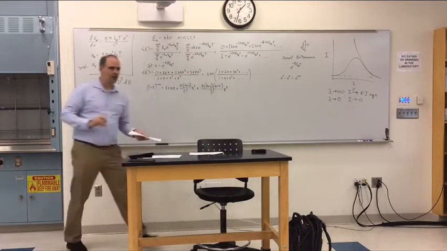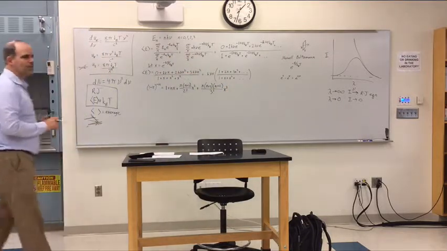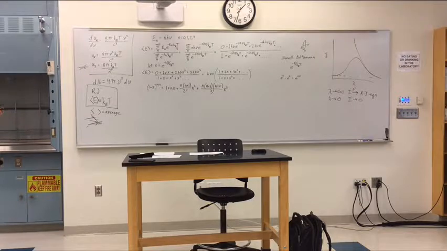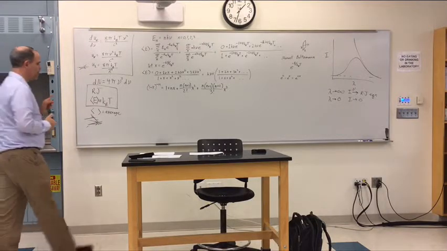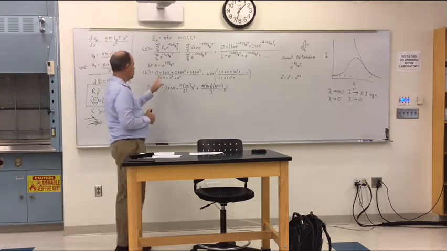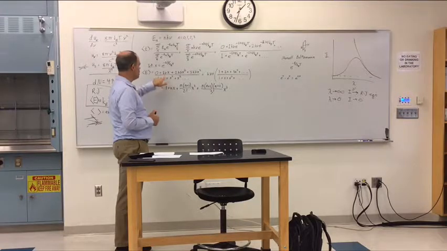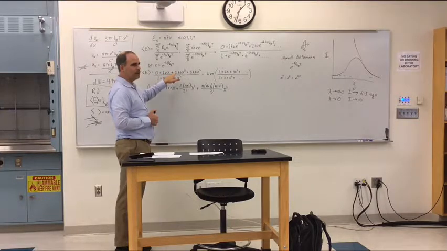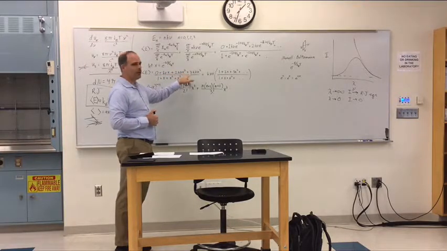Now, this might look a little tricky as to why the heck we are doing that. But if you look, we have a constant times x. The constant goes up by 1 times x. The constant goes up by another 1 times x.